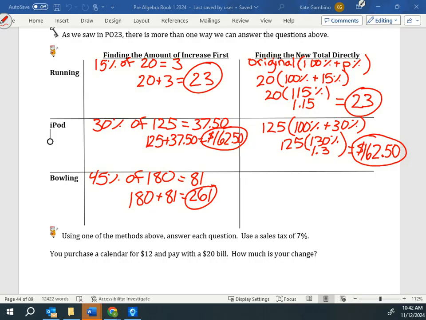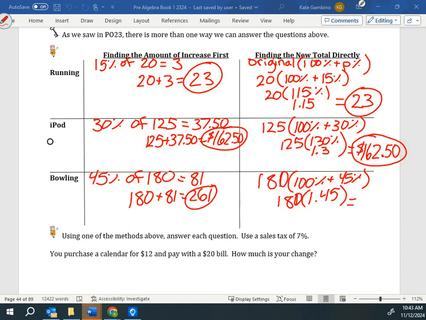Bowling, who can walk me through what to write? Beckett. First write the original number, 180, times 100% plus 45%. 180 times what, Beckett? 1.45.